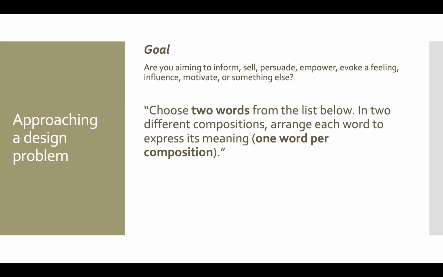So you're expressing meaning, and the meaning of the words has to do with space, things like compression or transition. So you are maybe evoking a feeling in space, and you want to inform someone of that word.